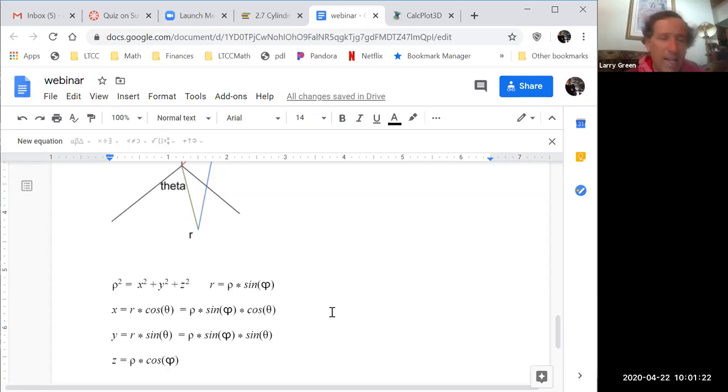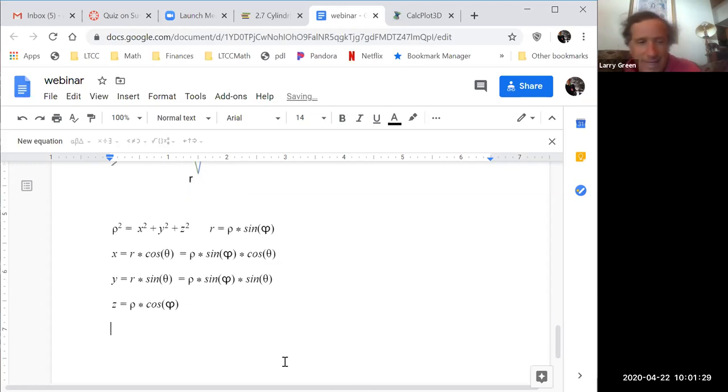Okay. I want to let you know, though, there are some applications in physics, and in particular latitude and longitude, where phi is defined as a complement, and that changes all the sines and cosines. It's kind of a pain that there's not an agreement in the world on what the phi should be. But in math, this is how we do it.